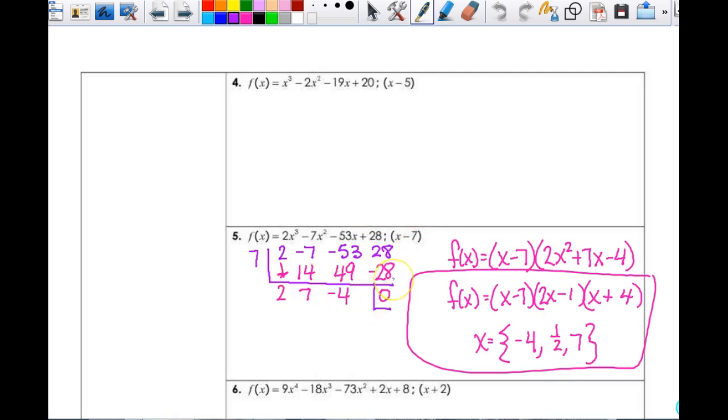We got 0 because I told you it was one of the factors. And that's this because x minus 7 was given to you. And use this to get this part right here so that we can factor it. Remember that? So here we're like, oh, we can factor it, keep going.